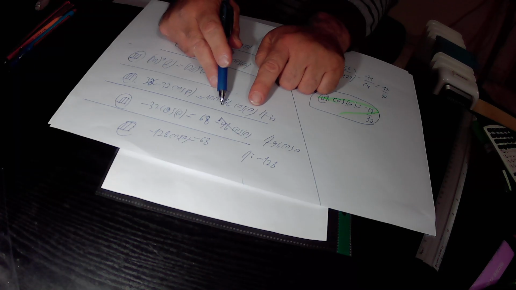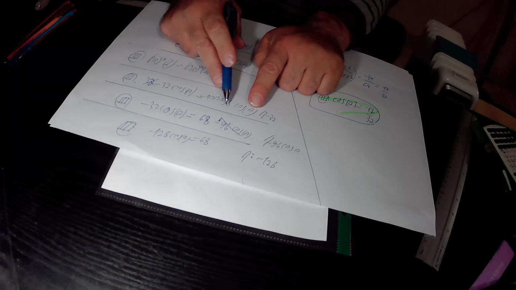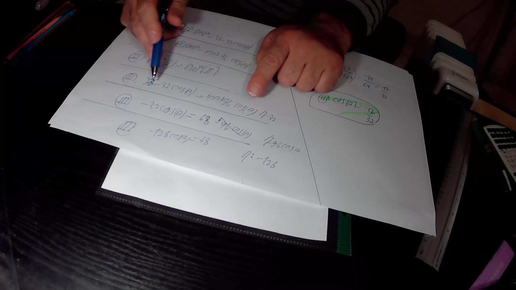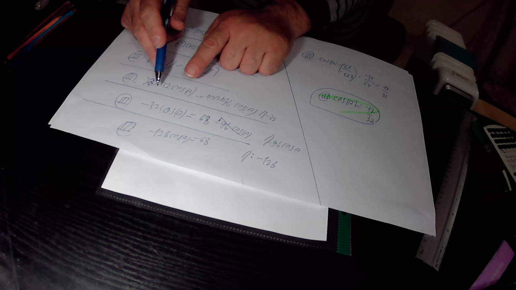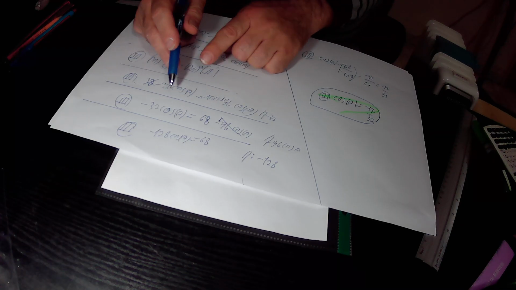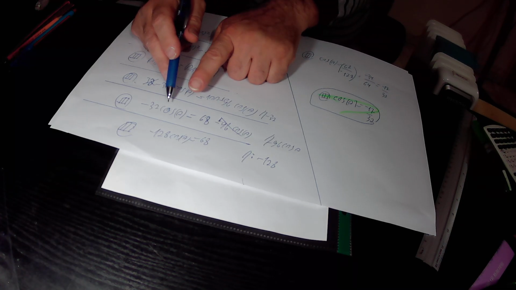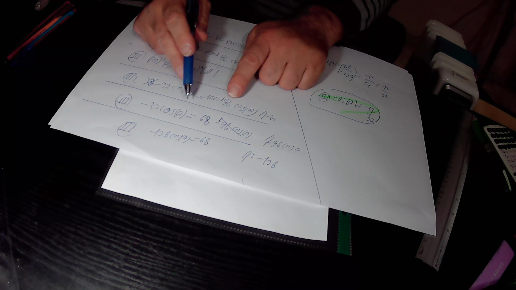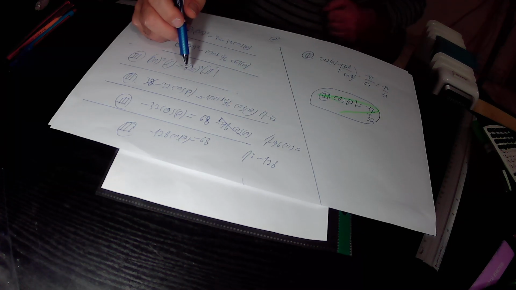Here we subtract 96 cosine theta from the equation, so the 96 cosine theta gets cancelled. On the other side we have minus 32 cosine theta minus 96 cosine theta, which is minus 128 cosine theta. So minus 128 cosine theta equals 68.